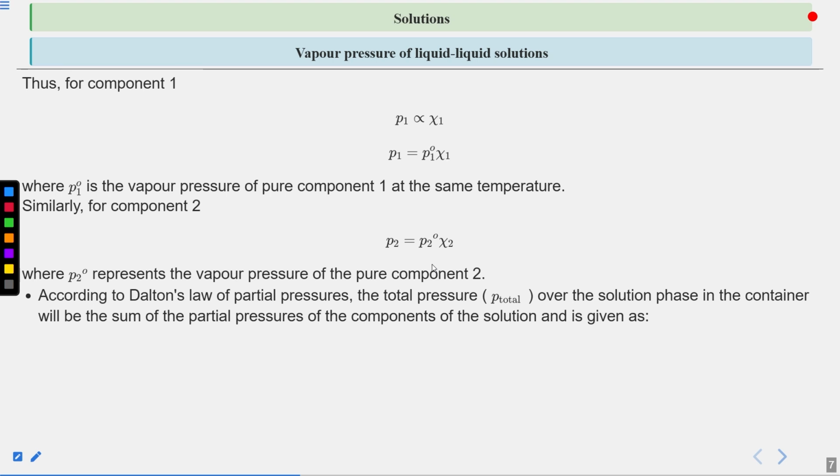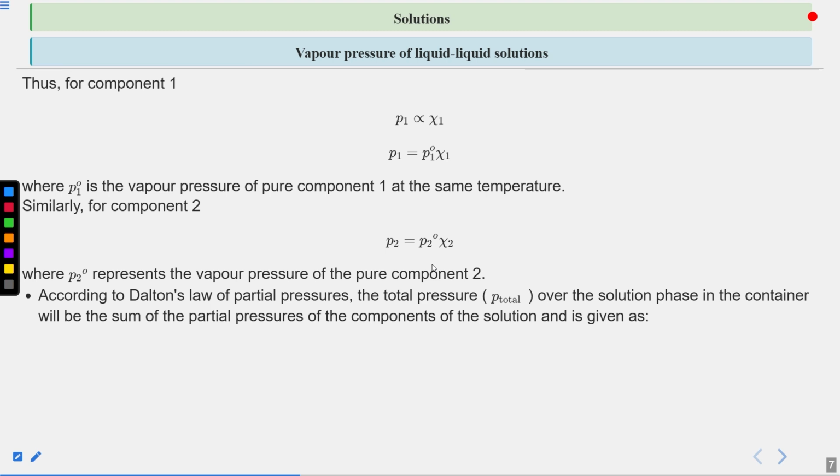Now we have another law named Dalton's law of partial pressure. This law says that the total pressure in a vapor phase is equal to the sum of the partial pressures of the components. What is the meaning of this?